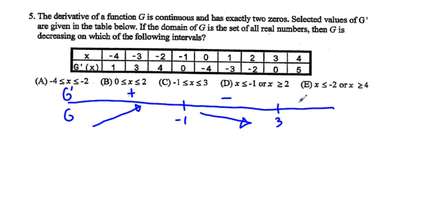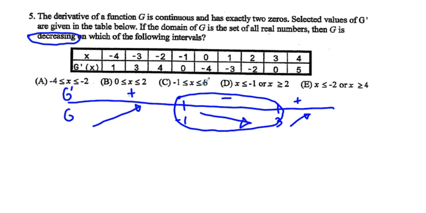And to the right of 3, at least at 4 is the only one we can see, we have positive, so the function is increasing. And so the function is decreasing on which of the intervals? Well, between negative 1 and 3. Our correct answer is C.